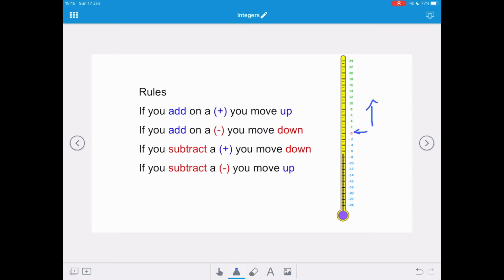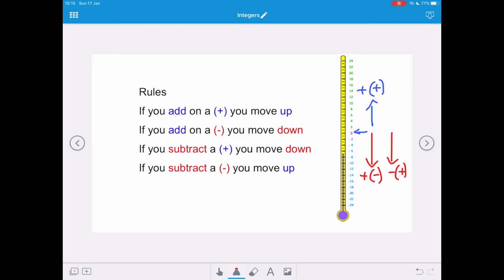So if we add on a positive, we're going to move up the number line. If we're adding on a negative, then we're going to go down the number line. So we're going to move from 0 or whatever our start value is downwards. The same thing happens if we're subtracting a positive.